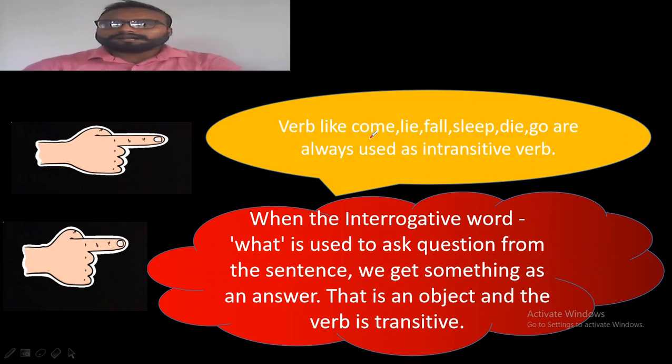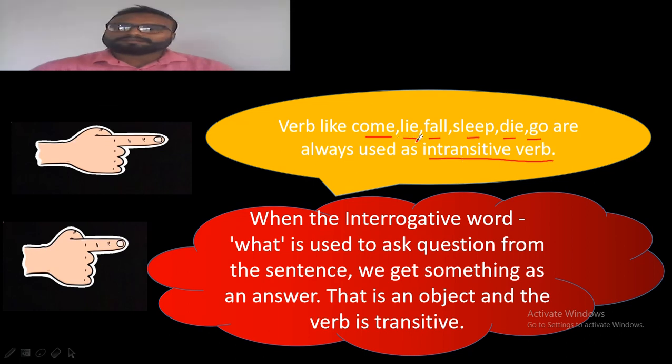Verbs like come, lie, fall, sleep, die, go are always used as intransitive verbs. These six verbs can never be used as transitive verbs. You can also relate these six words to the life cycle.